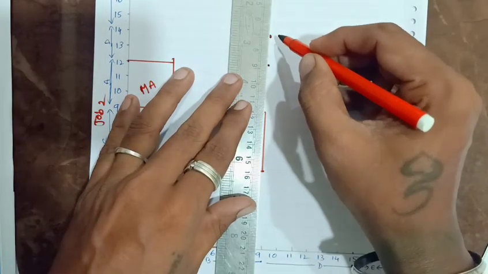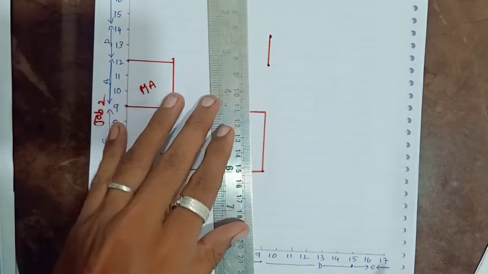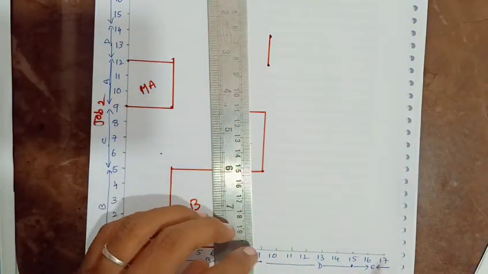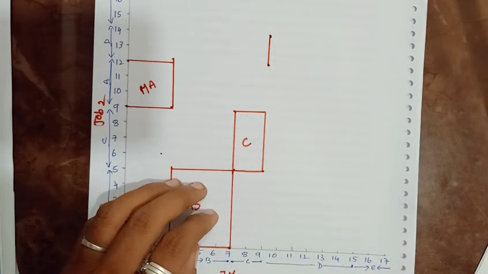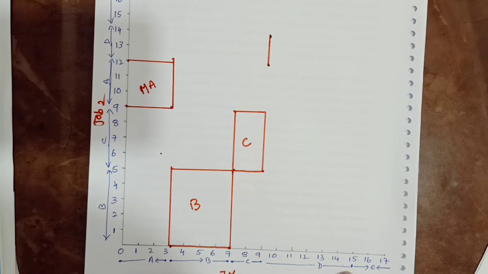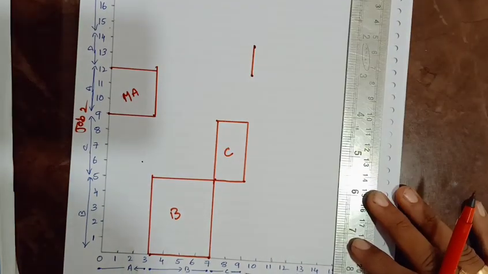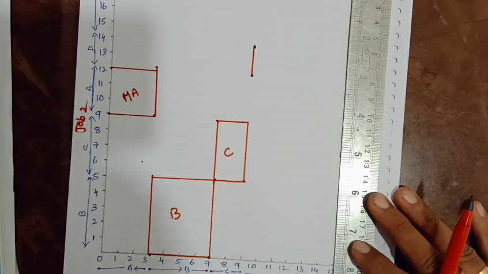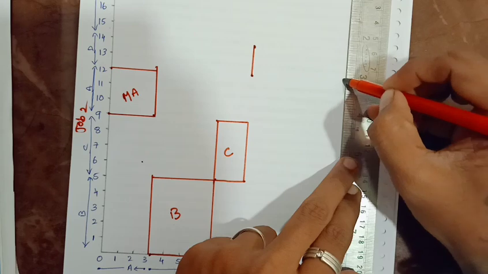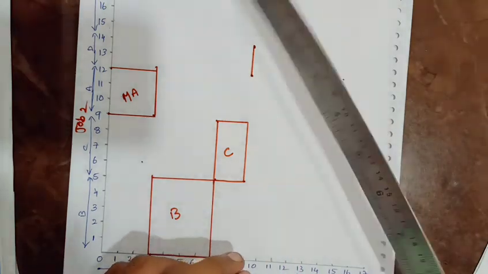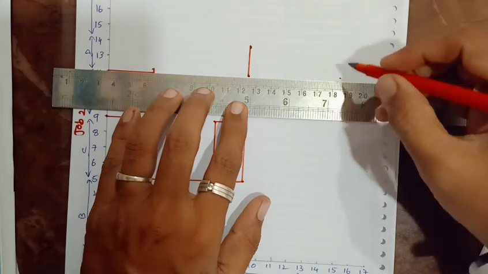So here I am making this one from 9 to 15, that is up to 15. So here I will take up to 15, from 12 to 15.